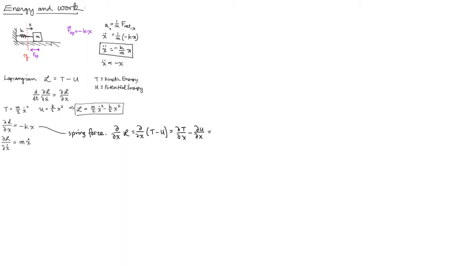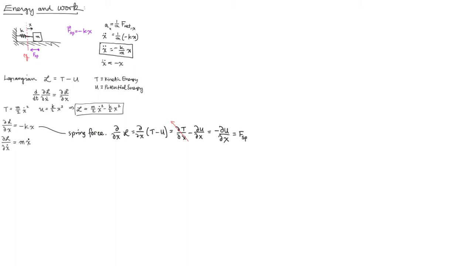we have the following. In this problem, notice the kinetic energy term does not depend on x. So in this problem, we have the partial with respect to x of kinetic energy is 0, and we end up with minus dU/dx, a gradient of the potential in the x direction. That ends up playing the role of the spring force.